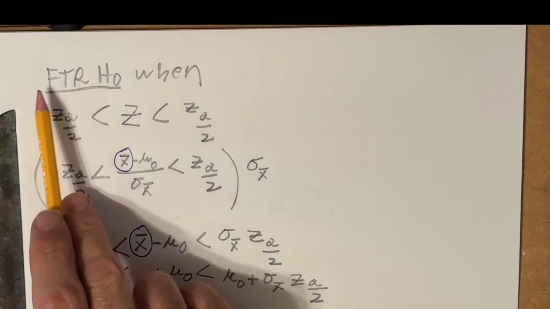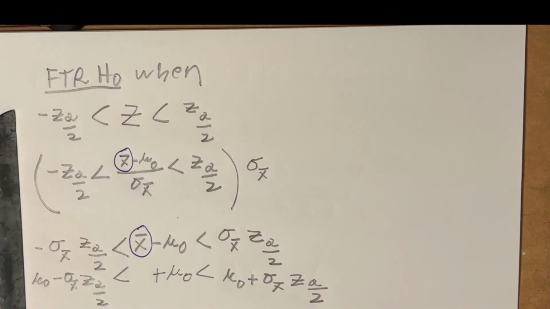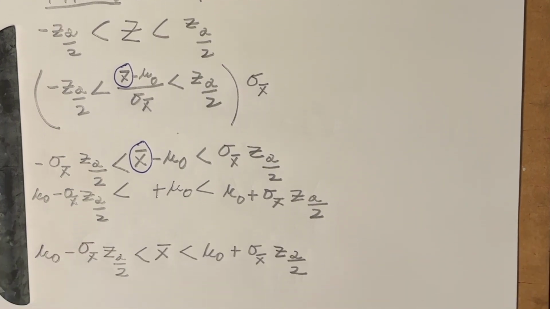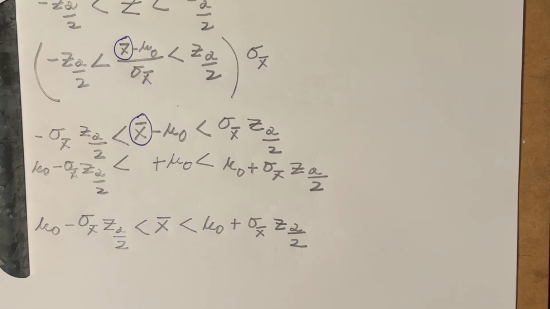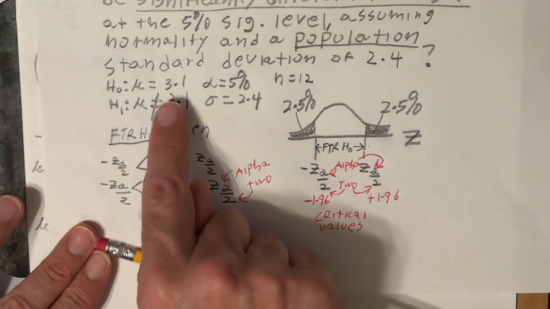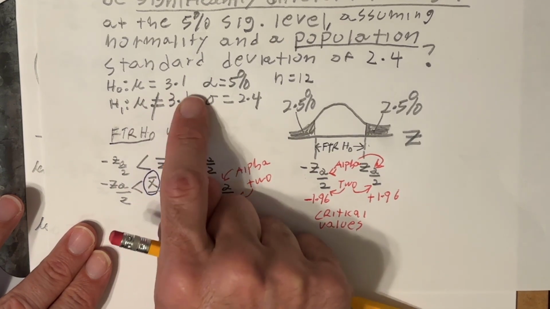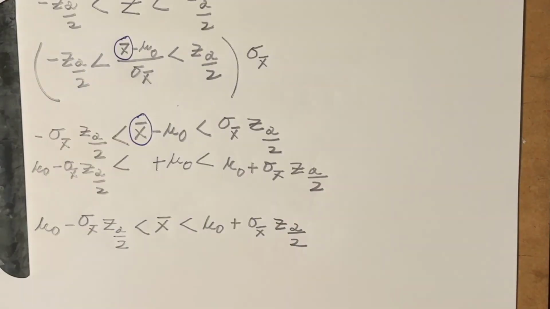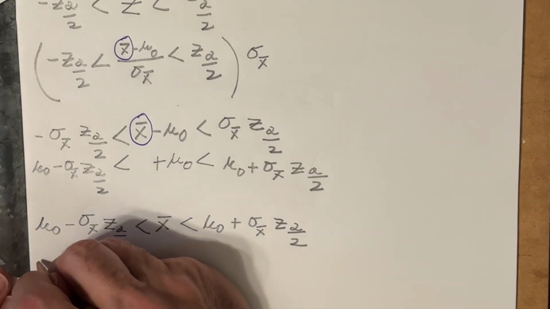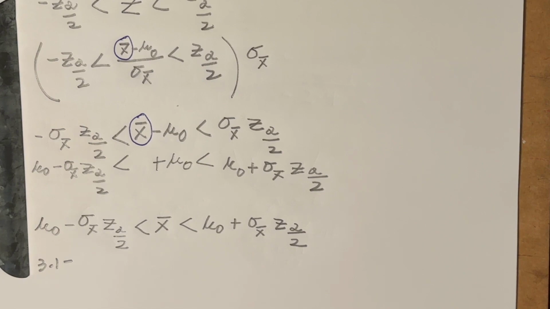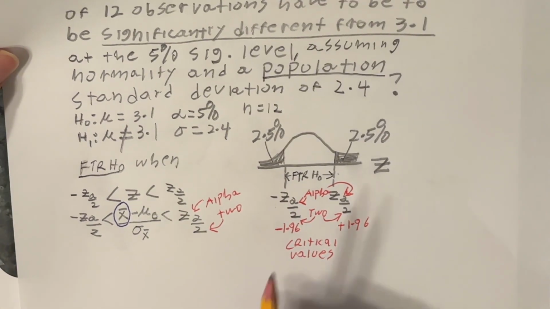And again, this tells us where to fail to reject the null. So now, guess what we can do? We can plug in all the numbers in one shot. Take a look. Mu naught, the hypothesized mean, is 3.1. Let's plug it in. 3.1 minus sigma sub x bar.